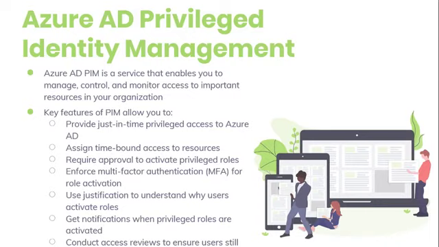This includes access to resources in Azure AD, Azure resources, and other Microsoft Online Services like O365 or Microsoft Intune. However, users still need to carry out privileged operations in Azure AD, Azure, O365, or Software as a Service apps. To use PIM, you must have one of the following paid or trial licenses: Azure AD Premium P2, or an Enterprise Mobility + Security EMS E5.